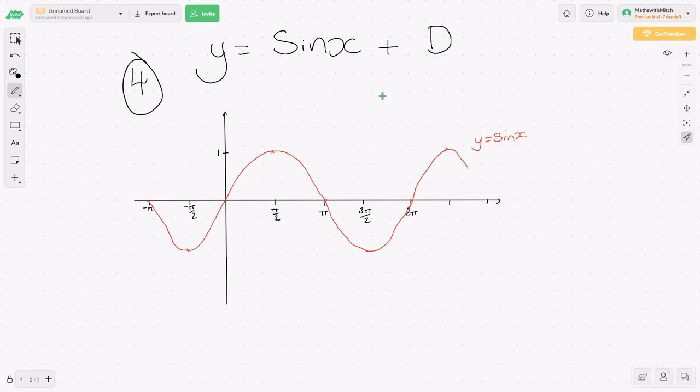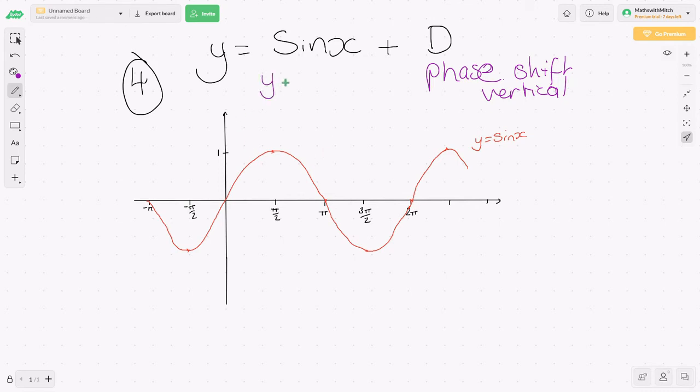So that's the big difference between c and d. But again, for this one, we're going to be looking at phase shifts. This time we're going to be looking in the vertical direction. So before it was horizontal, now vertical. So d is phase shift vertical. But it's the same concept as before, but just thinking about it in the different direction. The shape's the same, the period's the same, amplitude's the same.